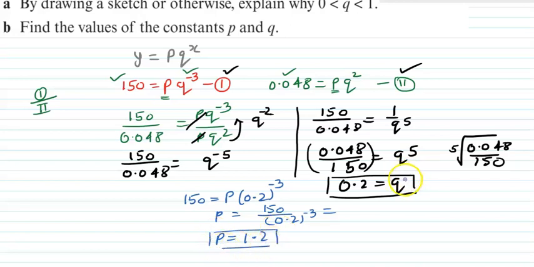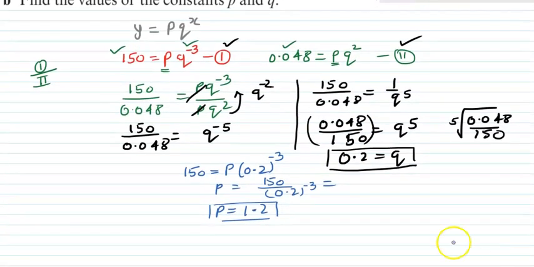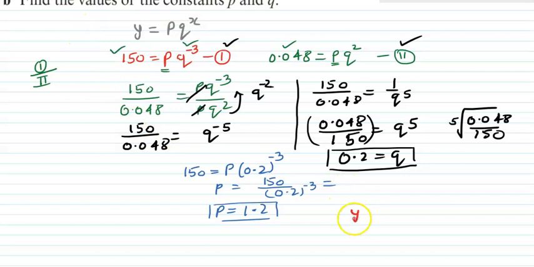Okay, now if you see, they have asked you by drawing a sketch of the graph. So if you sketch the graph, now we have p and q values, right? Our question was y equal to p q to the power x. So our p value is 1.2.